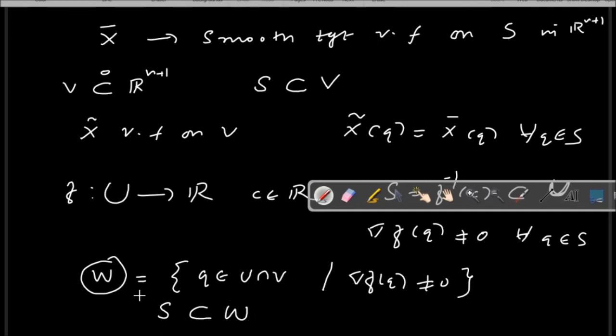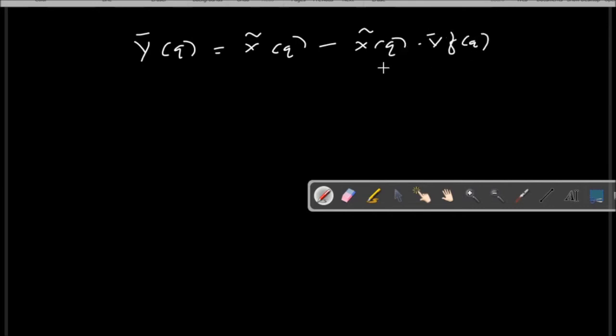Okay. Now I'm going to make a vector field for W. I'm defining y bar of q equal to x tilde of q minus x tilde of q dot del f of q divided by norm del f of q, into del f of q.